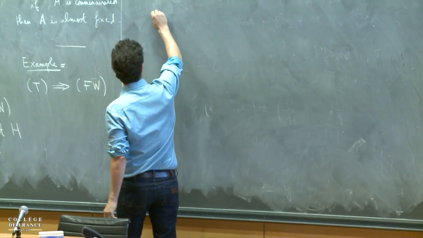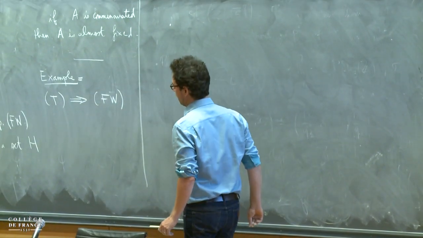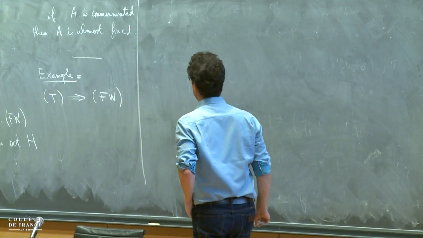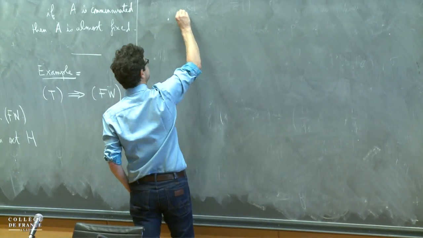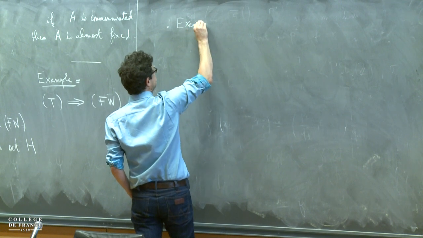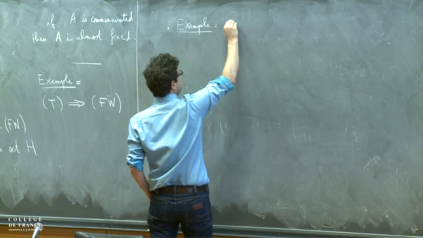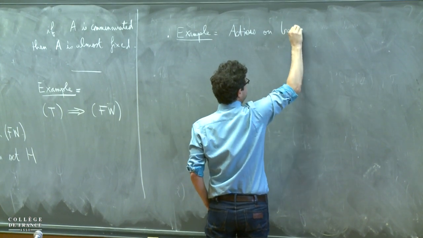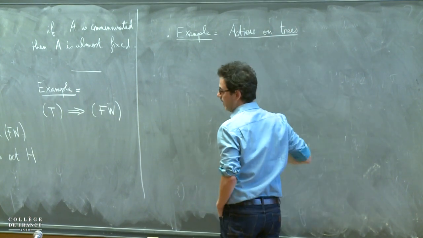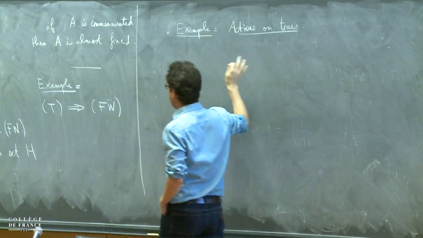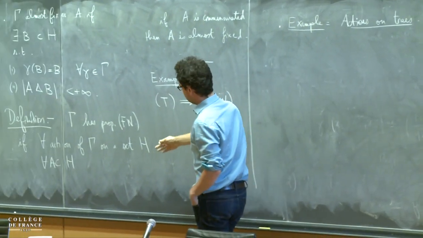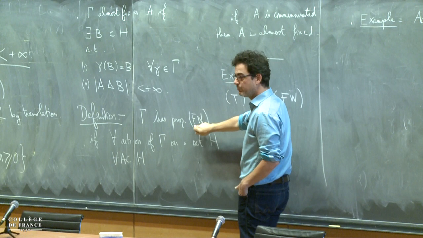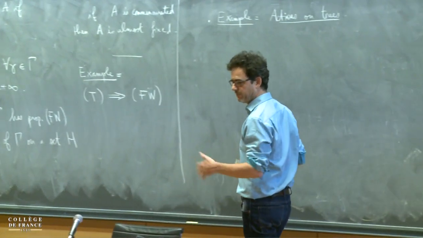Okay, so let me explain how you can use this property FW. I want to explain the relationship between this definition here and the FW, which is a fixed point property on walls. I mean, on spaces with walls.